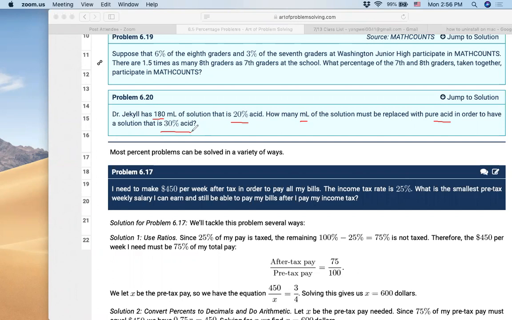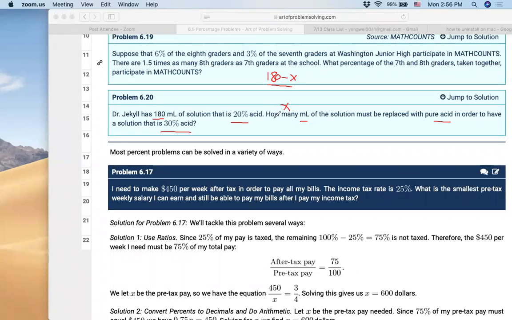Now let's say this one. They ask you how many milliliters of solution must be replaced. Let's suppose that's X milliliters. After that one is replaced, the left solution will be 180 minus X. After you replace X milliliters of solution, the original solution will be 180 minus this X, right?